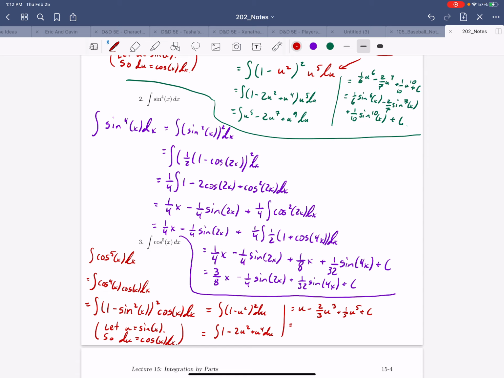And that's going to equal, unsubstituting as we always do, sine of x minus 2/3 sine cubed of x plus 1/5 sine to the 5th of x plus c. Whew. That's how we do those trig integrals.